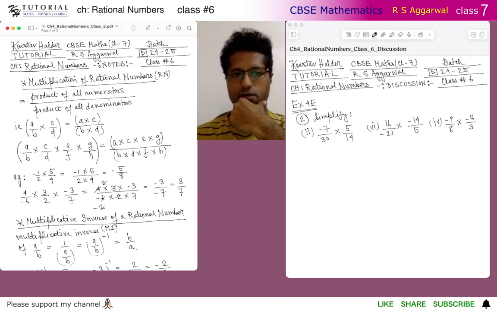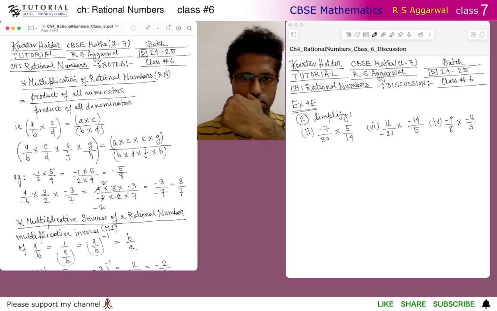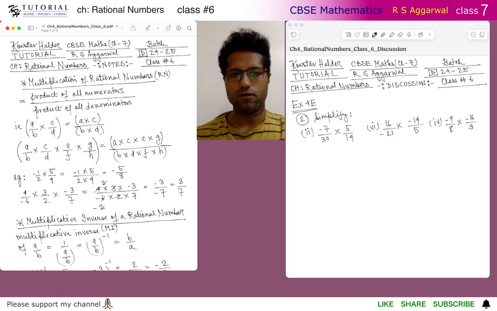Basically, the formula is we find the product of all the numerators of the rational numbers, and then we divide that by the product of all denominators. If A by B and C by D are two rational numbers, then A by B multiplied by C by D equals A into C, that is the product of the numerators, divided by B into D, that is the product of the denominators.